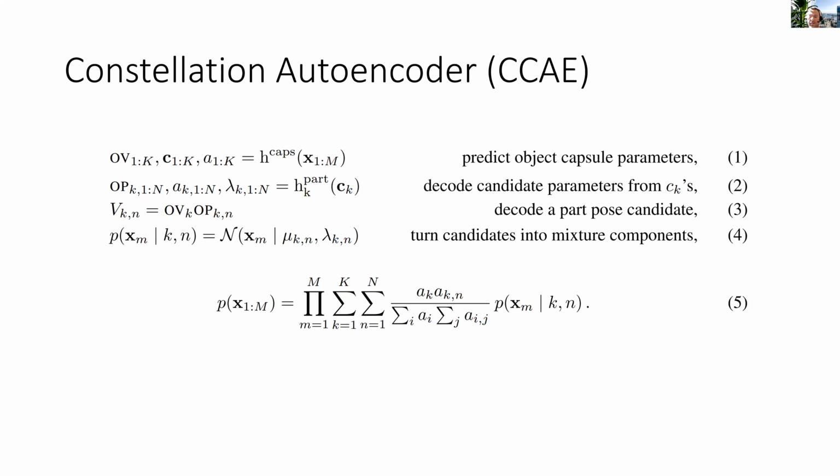We first encode all input points, which take the role of part capsules, with a set transformer, H caps, based on attention mechanisms, into K objects. So that's where this K comes from.